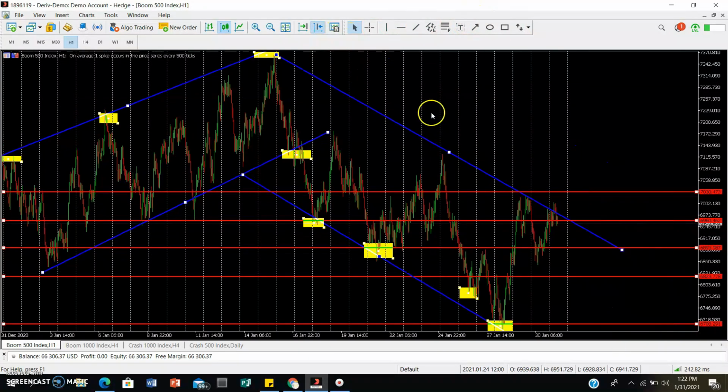Now looking back to the current market price, we can now see that price is no longer breaking this previous low.